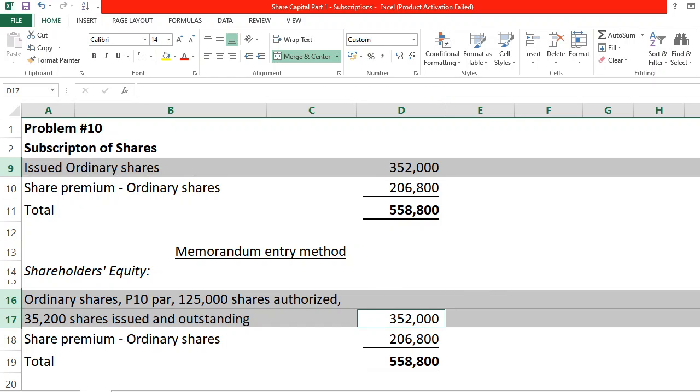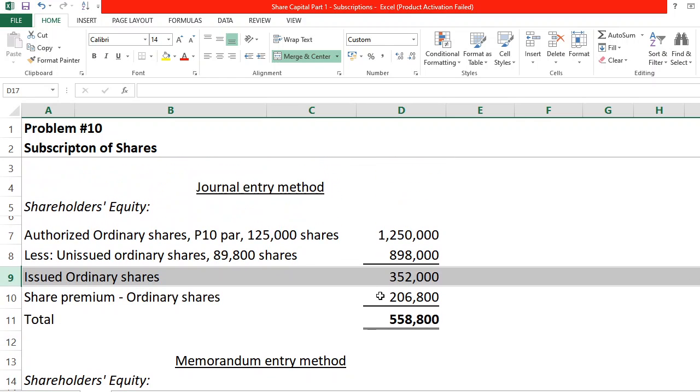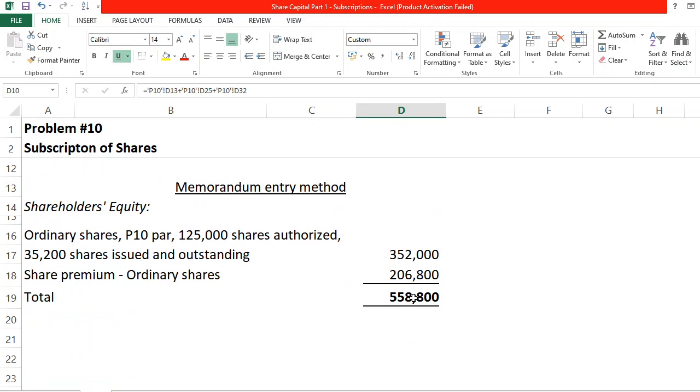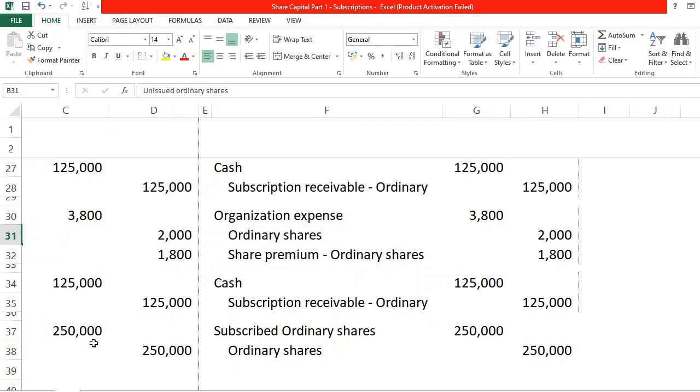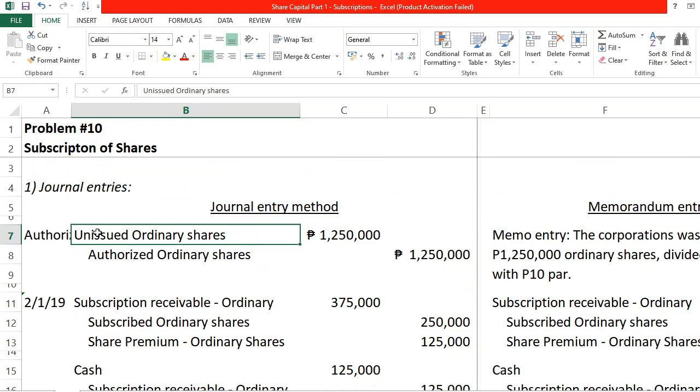So this means that whether you use the journal entry method or the memorandum entry, the same number of shares issued, the same amount of shareholders' capital, and also the same share premium, 206,800. Again, the difference is just this. We do not maintain ordinary shares in the journal entry method. Instead, what we maintain is unissued ordinary shares.